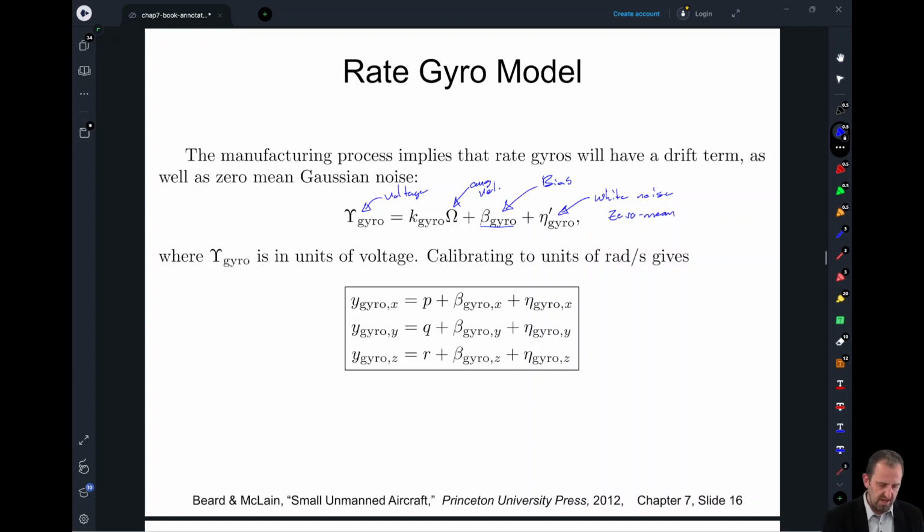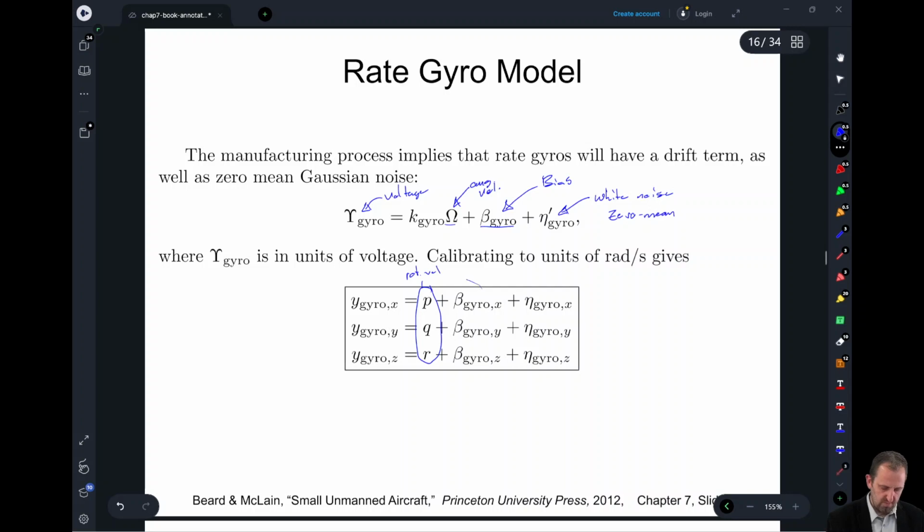So we have units of voltage. That K gyro is a gain that converts from our angular velocity to a voltage, and then we have these biases. So when we model it, we model it as our P, Q, and R, right? These are just our rotational velocities.